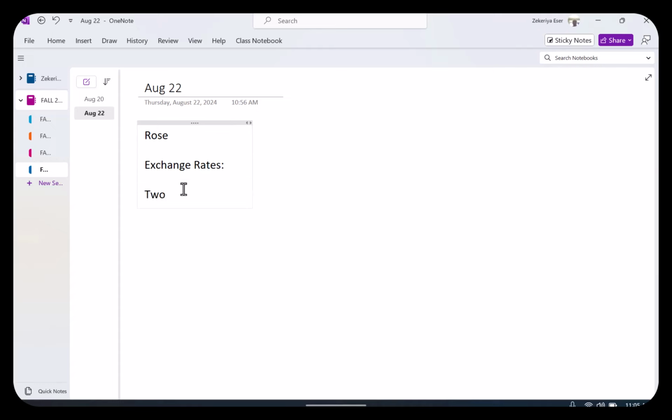We have two conventions. One of them is the direct quote. This is the value of a foreign currency in United States dollars. Each currency has a three-letter abbreviation. You'll get used to them.